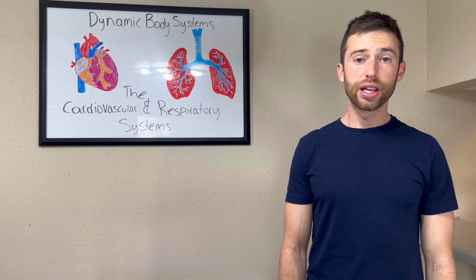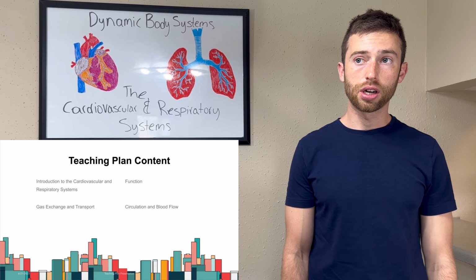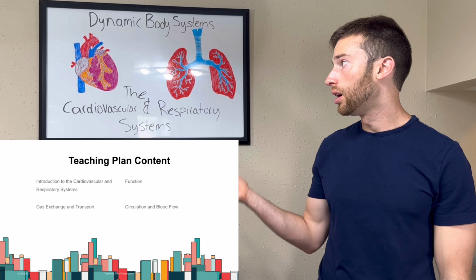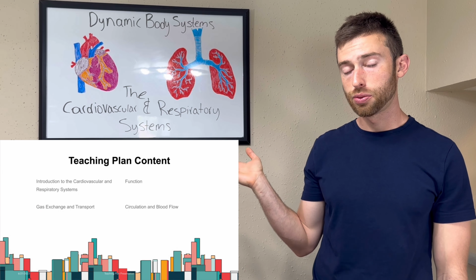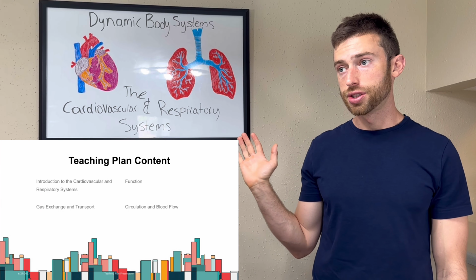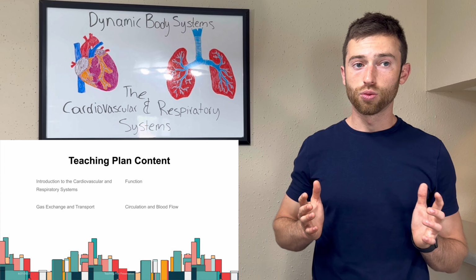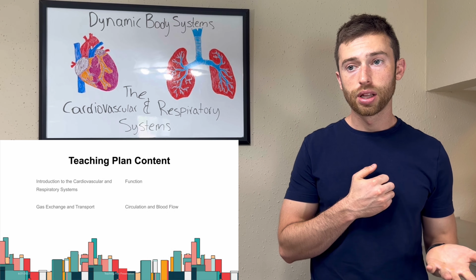So our lesson plan will include an introduction into the cardiovascular and respiratory systems. We'll go over the anatomies of these organs, the major structures that we see, and the functions of each of those structures. We'll go over how the organs work, how the heart beats, the cardiac cycle.